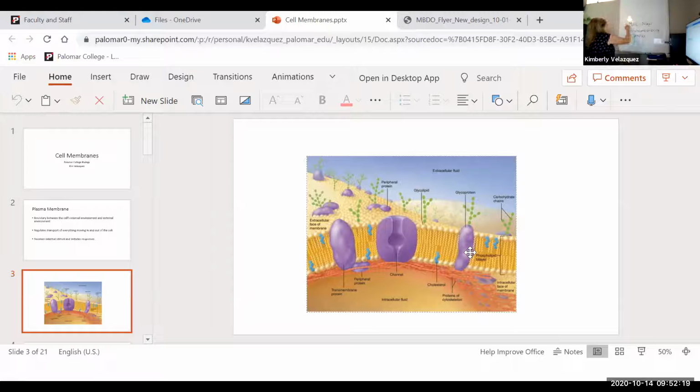And this is really the most important glycoprotein that you have on the surface of your cells, because this is how the immune system recognizes that those are your cells.